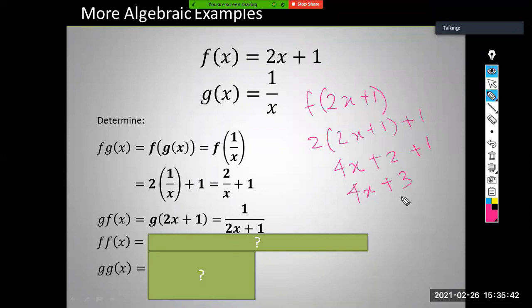Right? You apply function f twice. Teacher, does it not become 2x plus 1 times 2x plus 1? Oh, you substitute into x. Okay, yes. So your function f is 2x plus 1, right? And then you use this as the value of x to be substituted again in function f. So this x now you replace with 2x plus 1. Then you expand, you get 4x plus 2 plus 1, so 4x plus 3.